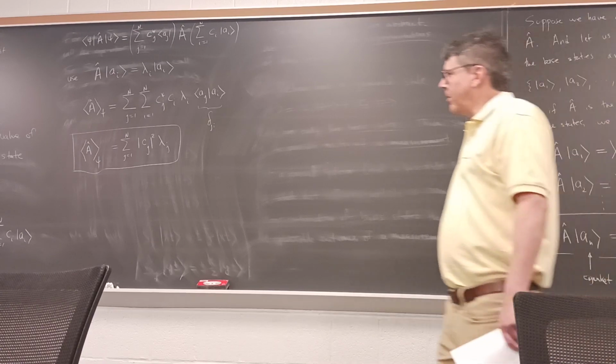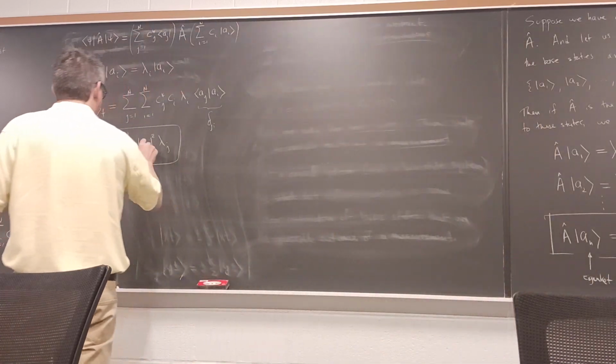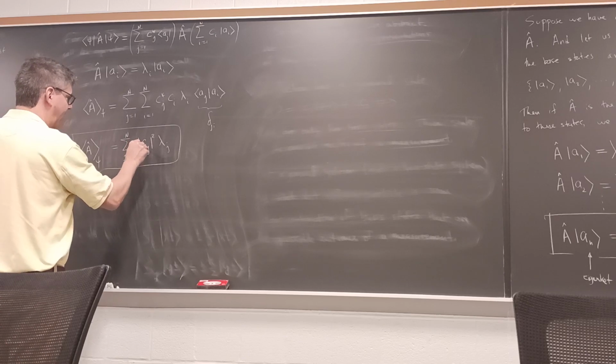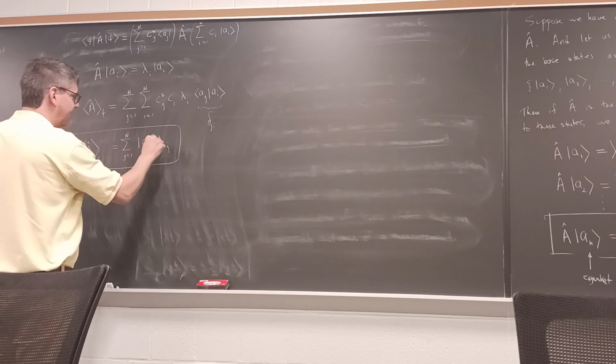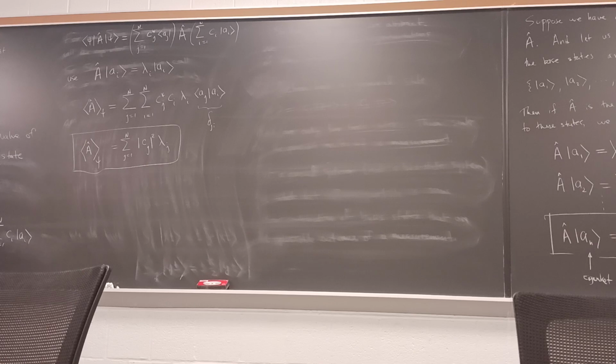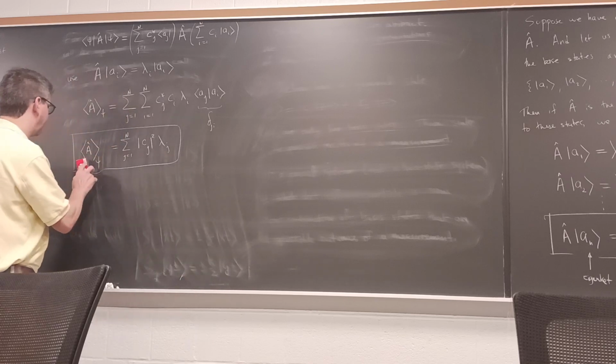So if I take probabilities, this is the probability of finding state J times the eigenvalue of state J, then what am I getting? What is the expectation value giving me? Well, the magnitudes, because they're summed over the entire thing, would be 1, right?